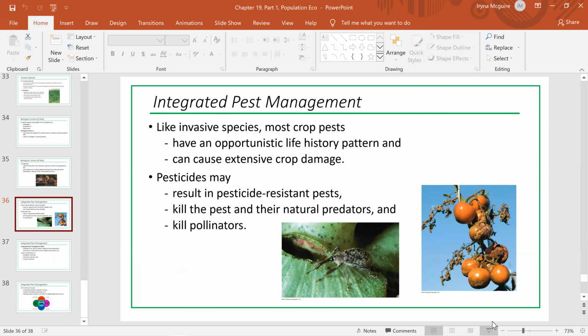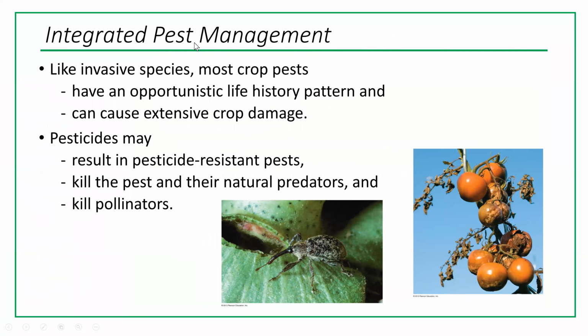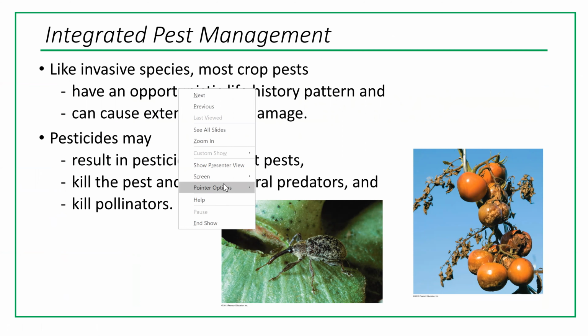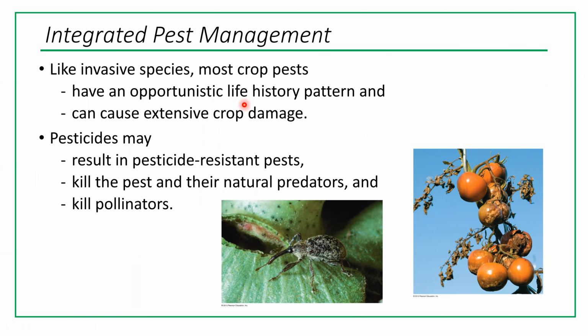So now when we're talking about pests, they are also like invasive species. They have opportunistic life history and can cause extensive crop damage. So how do we keep the size of the pest population under control?